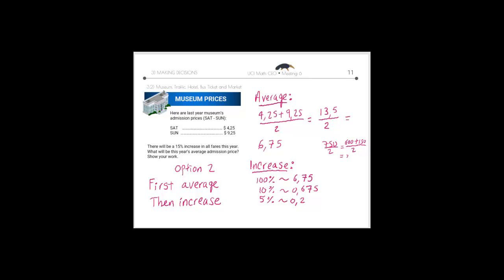So that's 300 plus 75, which is 375. So I put it here. Okay. Sorry, this should be a 3 because I'm dividing by 2 and not by 3. And then 15%, which is what we're looking for. I could either add these two values or just triplicate the 5. You have two options. Let's triplicate the 5%.